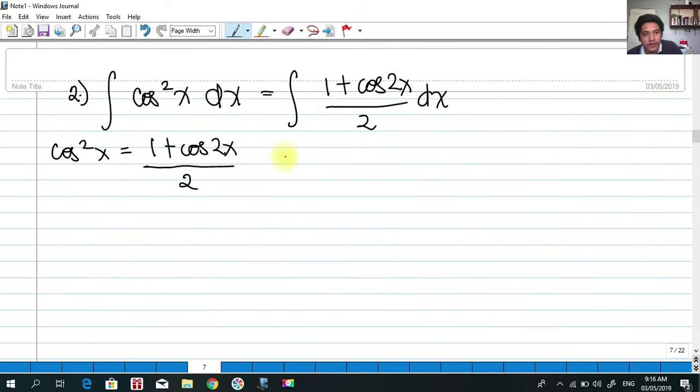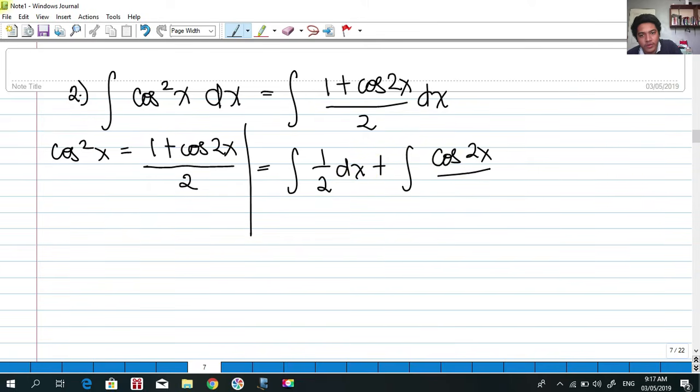So we have here the integral of 1 half dx plus the integral of cosine of 2x over 2 dx. So we can evaluate simply the integral of 1 half dx, and that is basically x over 2, okay?